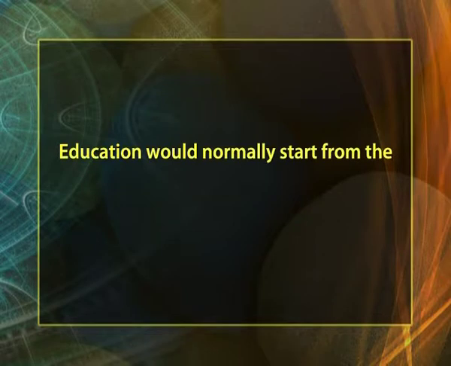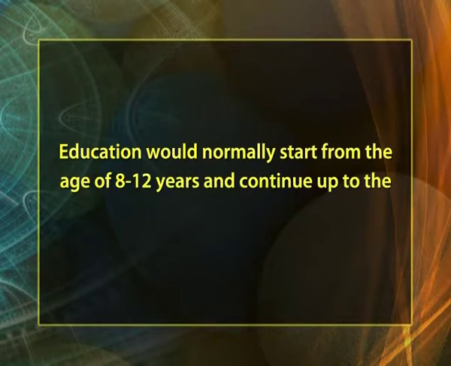There was no uniform rule for the duration of education, but it's certain that education would normally start from the age of 8 to 12 years and would continue up to the age of 36 years. On the basis of the period of education, the students were divided into three categories.